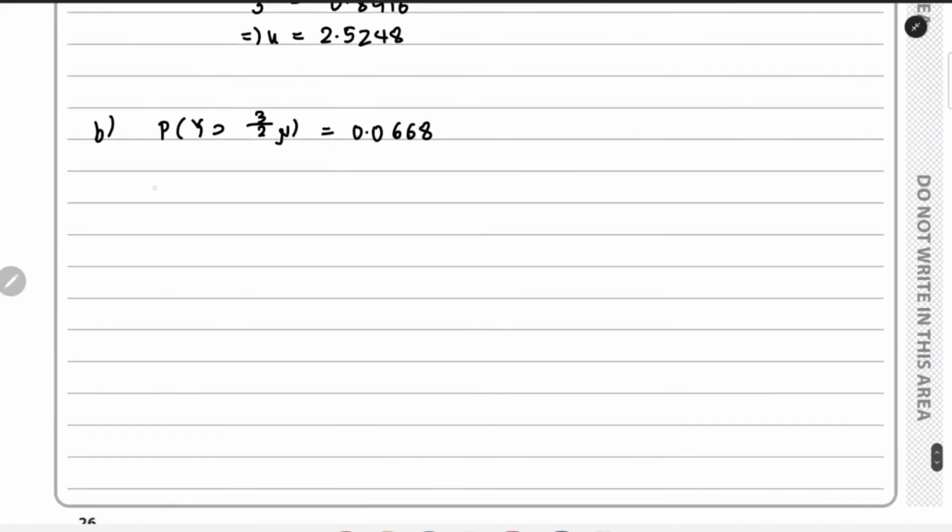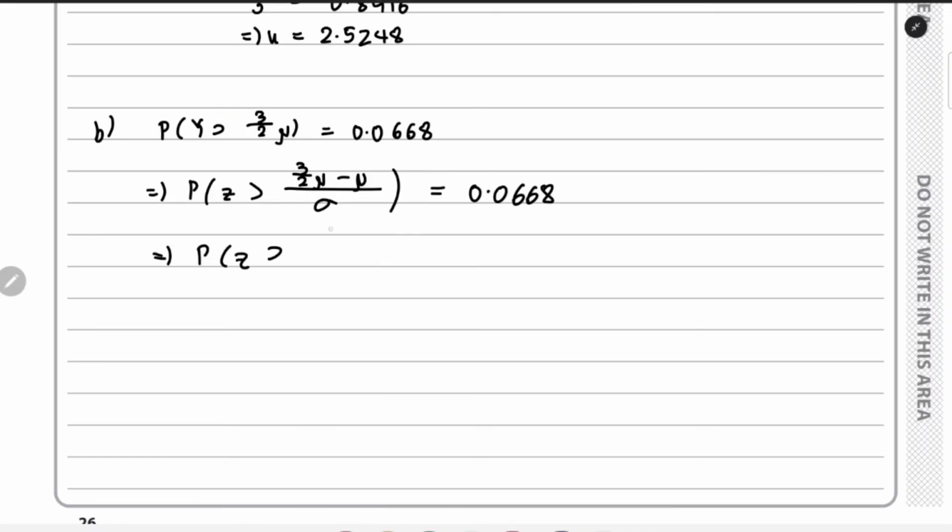So if we convert it into z, we'll get probability z greater than 3 by 2 mu minus mu by sigma, mu by sigma. Probability z greater than half mu by sigma.